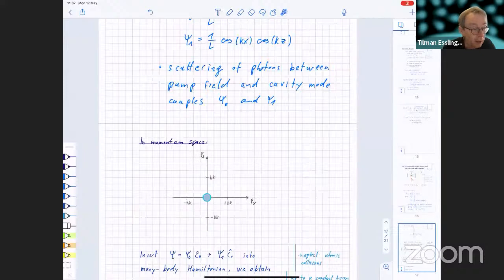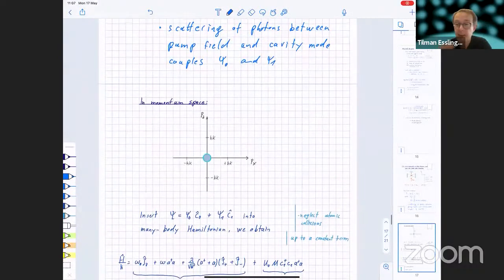We are wondering to which momentum states absorption of a pump photon and emission into the cavity couples, to get an intuitive picture. I will of course draw it in a moment, but you might briefly think about it, and you're welcome to write it in the chat.